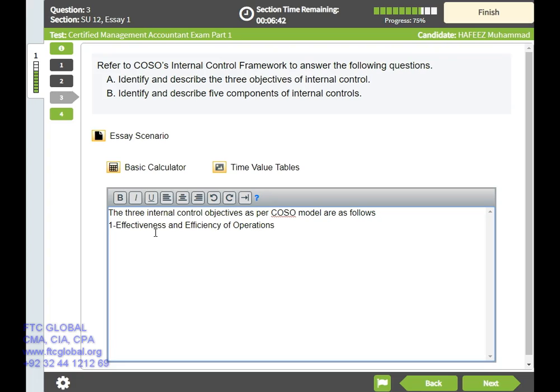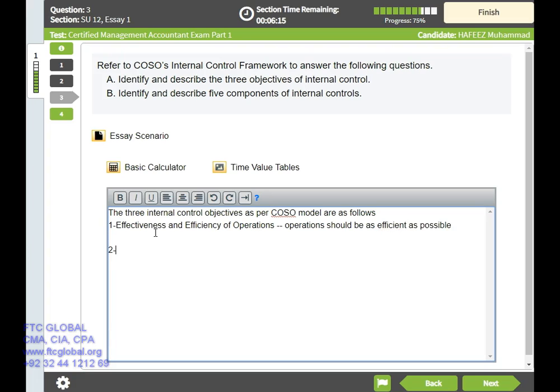That means operations should be as efficient, economical and effective as possible.